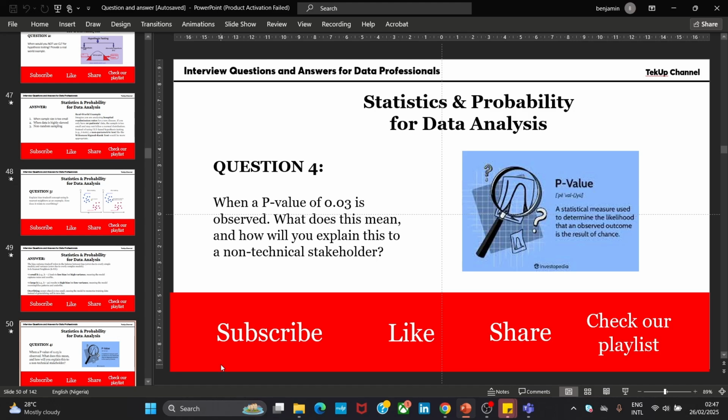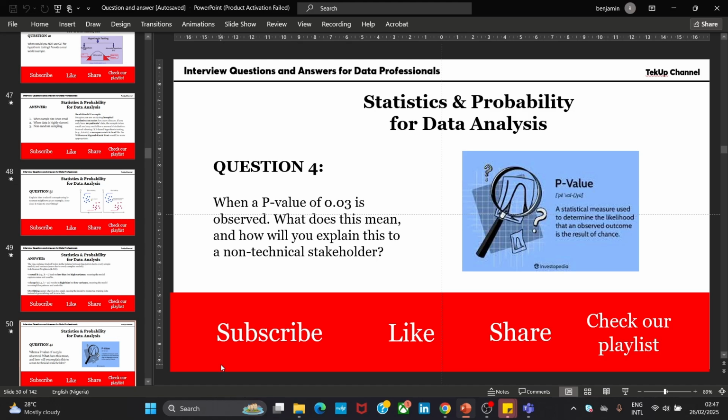So it simply means that p-value can be 0.03, it can be 0.02, or it can be 0.05. Now, what is p-value or what is probability value? Probability value is a statistical measure that helps us to determine whether the results of a hypothesis test are statistically significant.